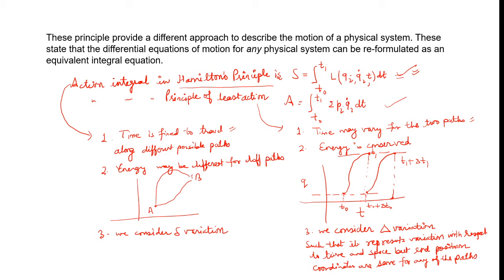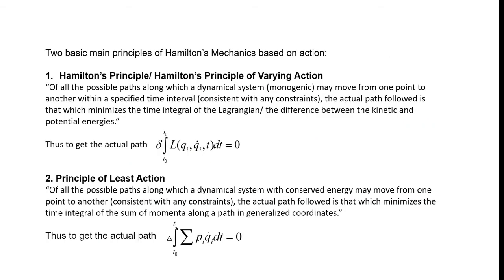So first of all, if you see this principle and this principle, I have to go to this type of variation or this type of variation for the two principles. So now, first of all, I would like to tell you about the relation between the two types of deltas, right?